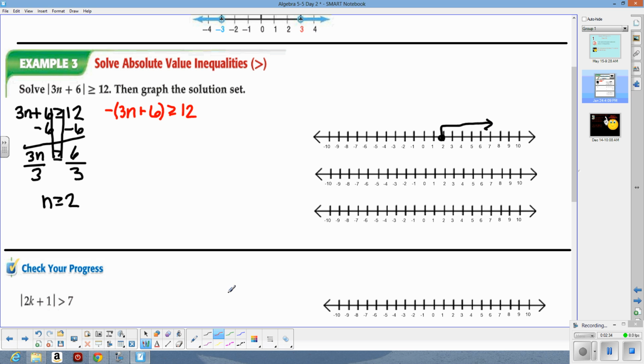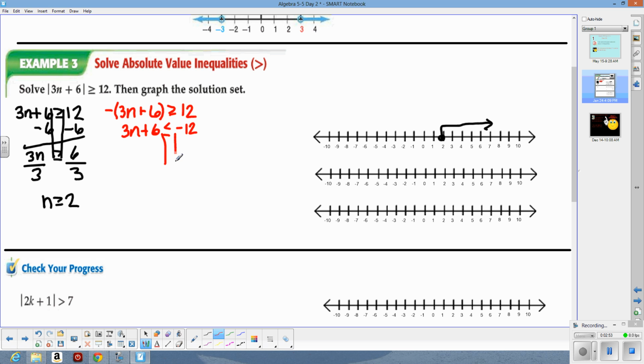Now for our second half, case 2, we would multiply both sides by negative 1, which would make this positive 3n plus 6. And since we multiplied by a negative, we flip the symbol around. And this 12, if we multiplied that by a negative 1, we'd get negative 12.